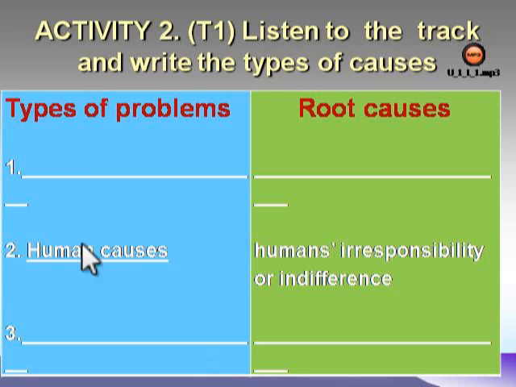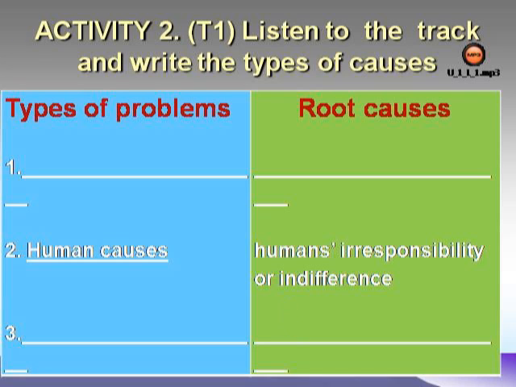First of all, you should find types of problems and then you should write their root causes. For example, one is given. Human causes, it's the type of problem and its root cause is humans' irresponsibility or indifference.